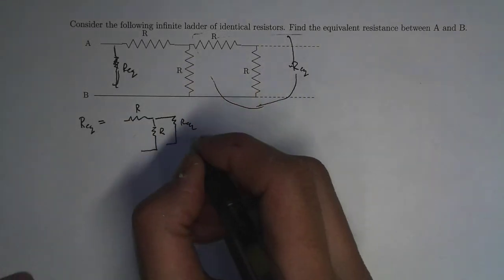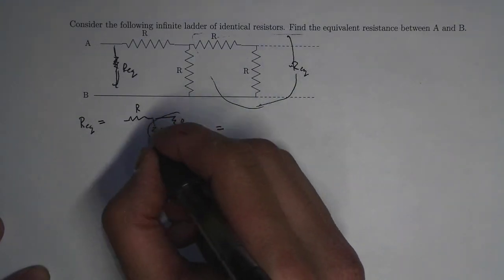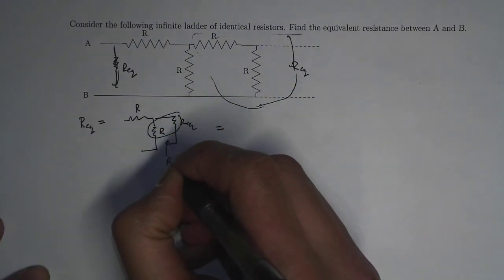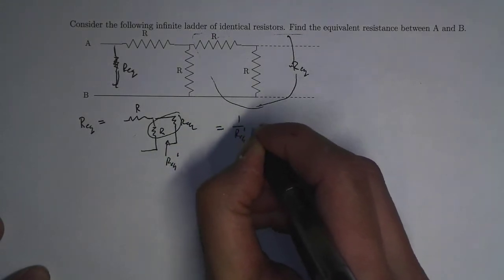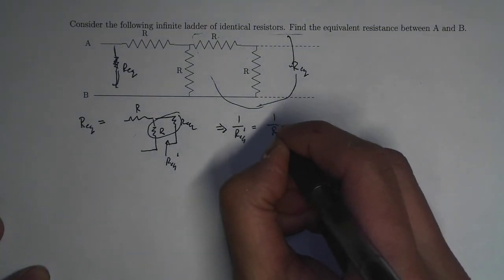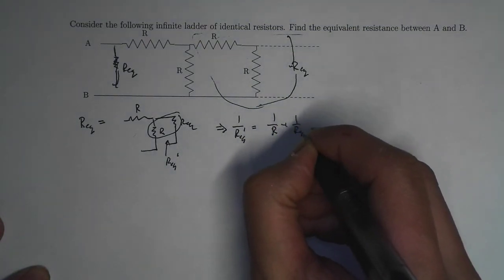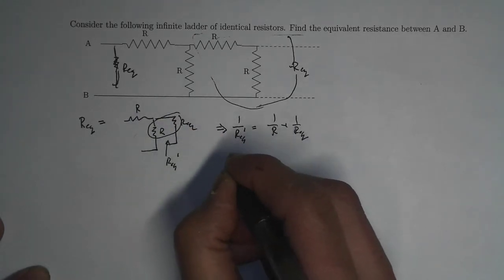All right. If we were to write this down, this equivalent circuit right here, which we call REQ prime: 1 over REQ prime, because it's connected in parallel, is 1 over R plus 1 over REQ. And this part right here is connected in series.